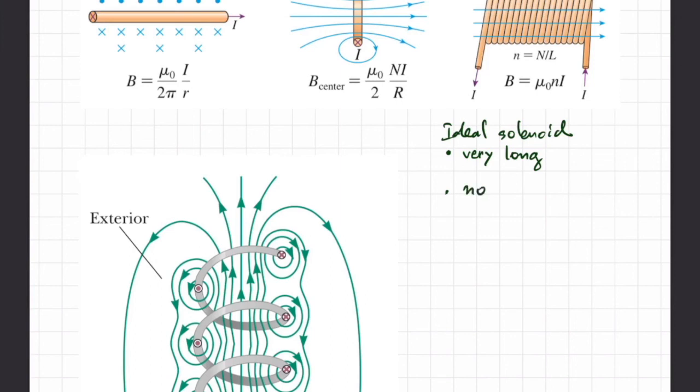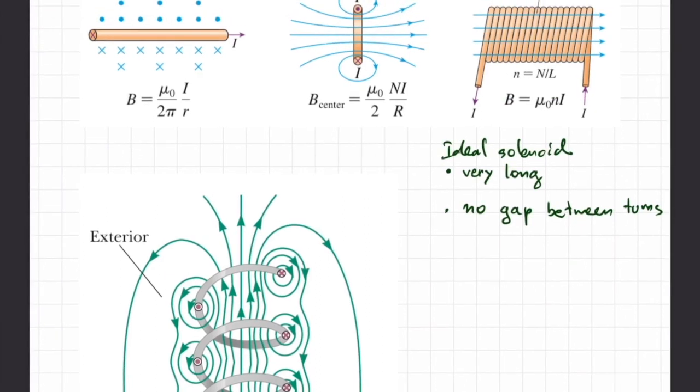And also there's no gap between turns, right? So this one is definitely not an ideal solenoid. The one we have up here kind of looks like an ideal one, though it doesn't look that long. But it's okay. Our goal here is to find the magnetic field inside the coil, inside the solenoid. Okay, so what do we do?